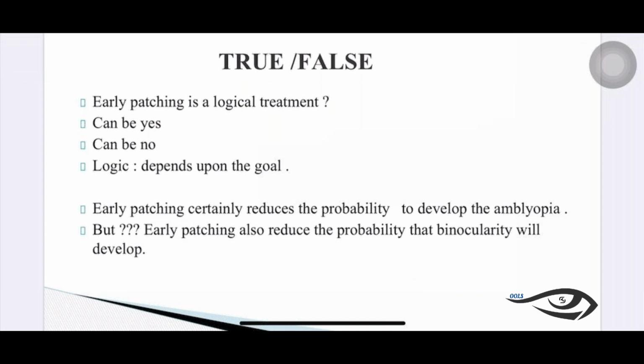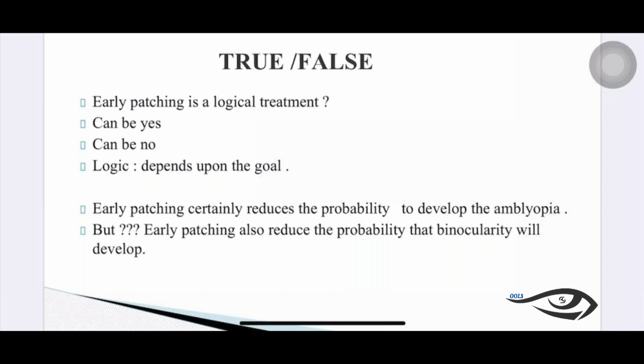Some questions arise, like, is early patching a logical treatment for amblyopia? It depends upon the goal. The main thing is, it depends upon what type of treatment you are using to treat the amblyopia.